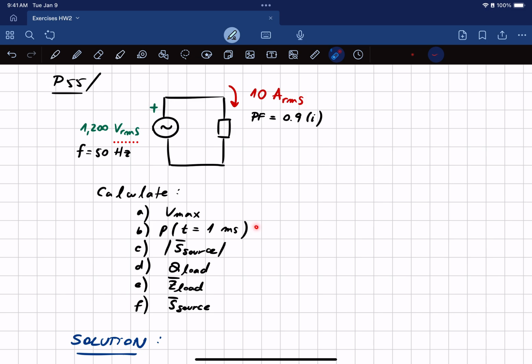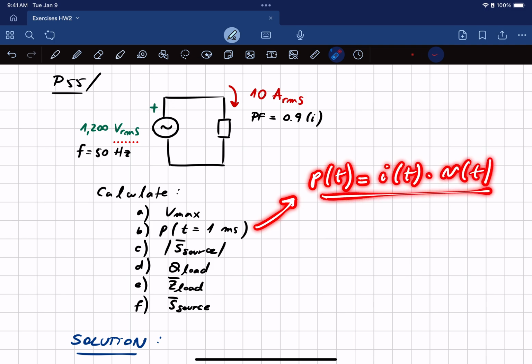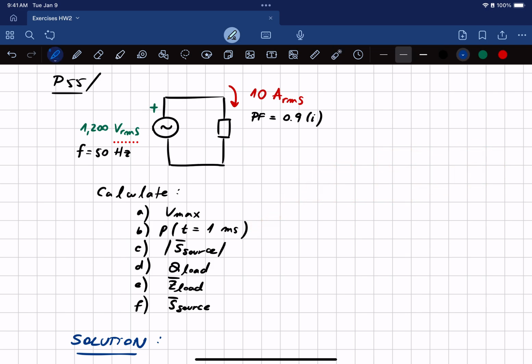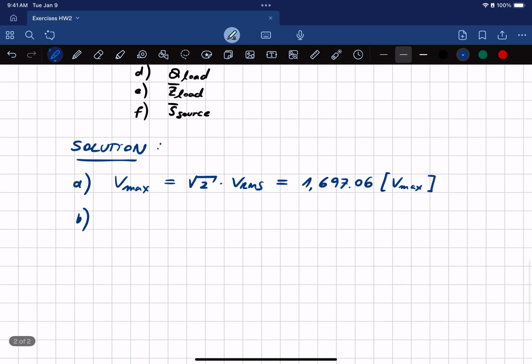So when we talk about instantaneous power, we're referring to current times voltage in time. As easy as it is, right? So now we need to define these two in order to get the instantaneous power waveform or expression.